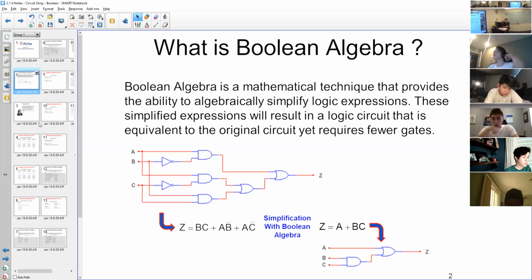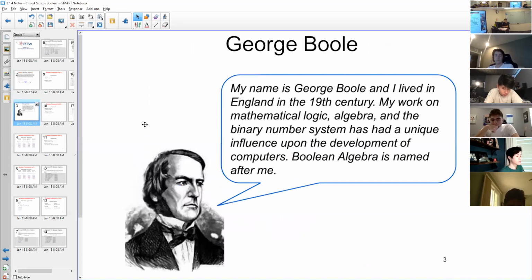All right. So the name Boolean algebra comes from George Boole. You don't actually have to know his name, but I thought you might be interested to know where this strange word comes from. George Boole lived in England in the 19th century. He was a mathematician focusing on algebra and binary number systems.